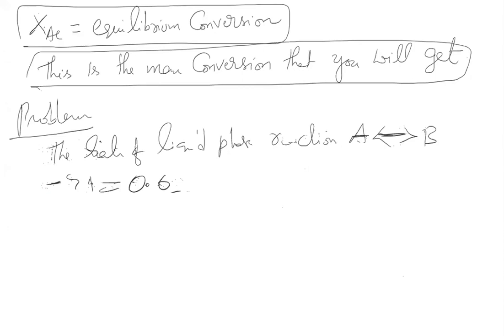There is some problem with the writing. I think maybe I'll dictate that problem. Just write in your notes. The rate equation is minus RA equal to 0.02 CA minus 0.01 CB.